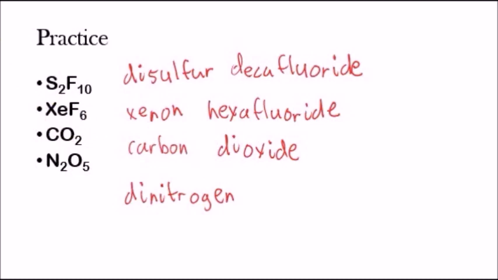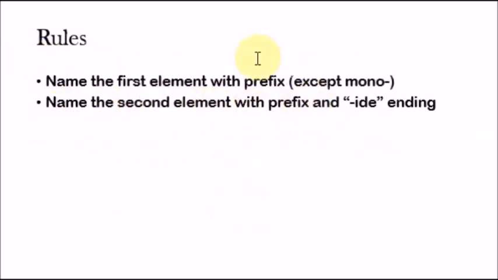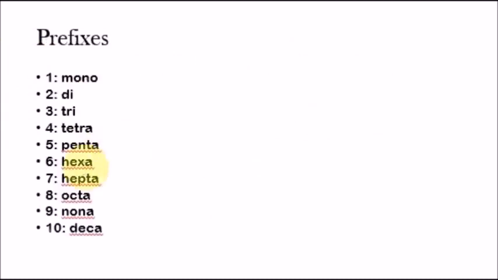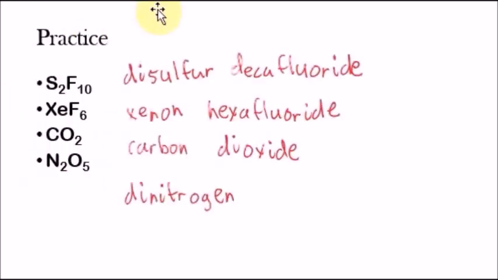Let's look back at our second rule here. Name the second element with the prefix. The prefix is 5, so penta for 5. So you're going to write penta. And then we're going to write oxygen with the IDE ending, so that's oxide. So dinitrogen pentaoxide. Now, this is wrong.